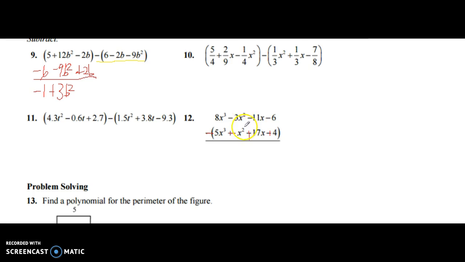Now, since they're already stacked with their like terms, you can just add. So that gives you 3x cubed minus 4x squared plus 6x minus 2. So just make sure you change the signs of your second one and then combine your like terms.